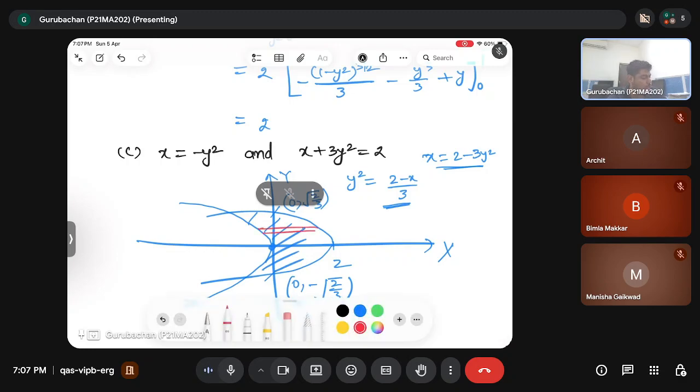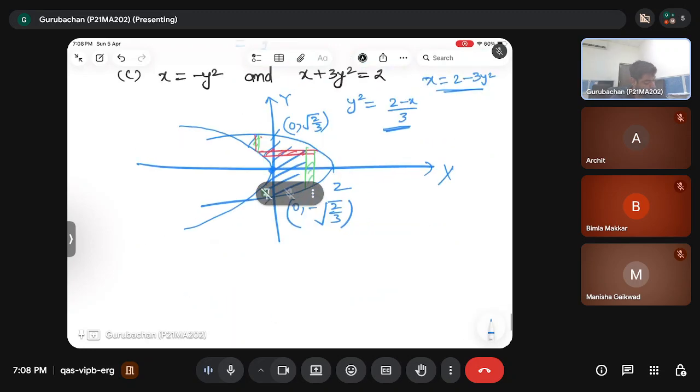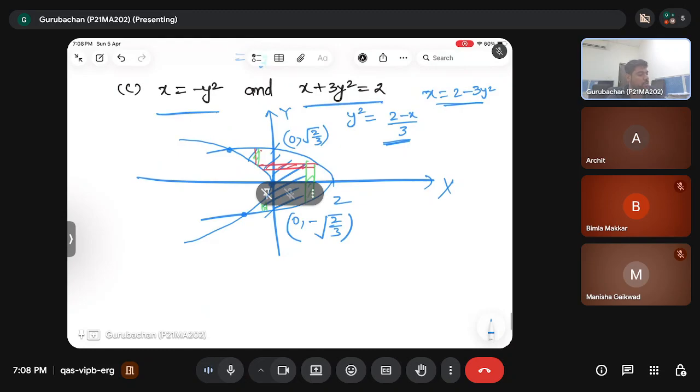Again it is symmetric about the axis. One way is to take this strip, otherwise you need to divide into 3 parts: one is this, another one is this, and last one is this. So obviously our benefit is to take the horizontal strip, that is dy. Before that you need to calculate the intersection points. x is equal to minus y square, so substitute it here.